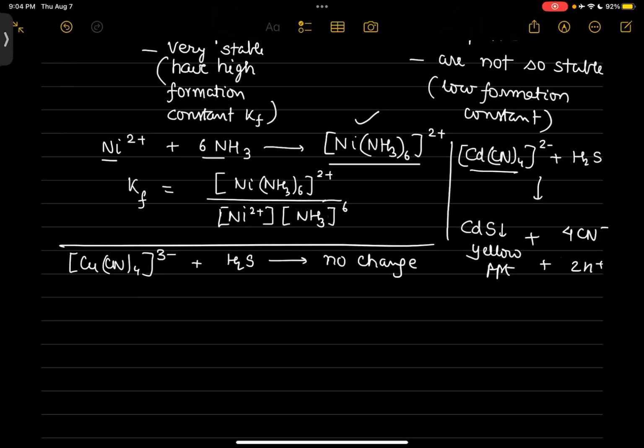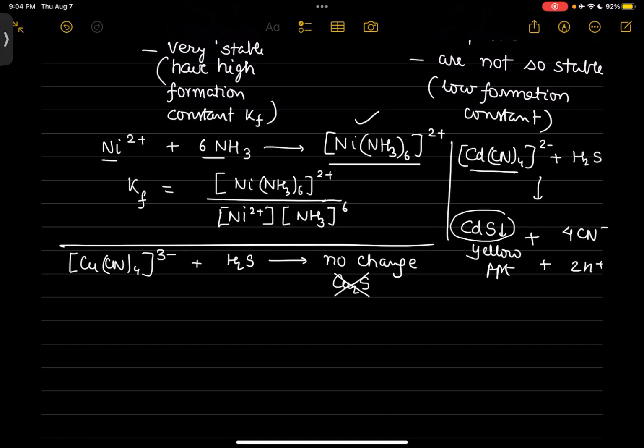On the other hand, there we saw a precipitate of cadmium sulfide. So what is happening basically? Why was that cadmium sulfide forming and this Cu2S is not forming?